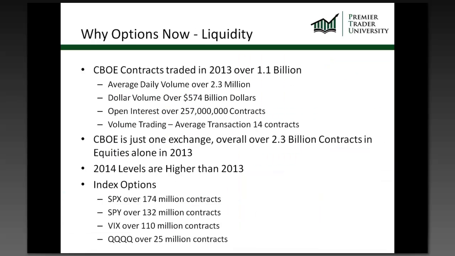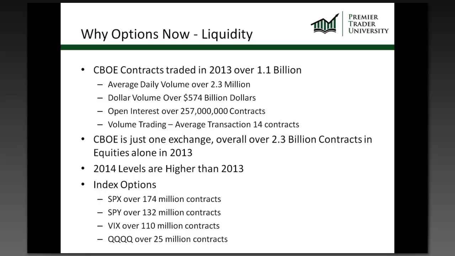One of the things we look for as traders in any market, whether we're trading futures, Forex, or in this case options, is liquidity, right? We want to know that we can get into and out of the markets very easily, without a lot of slippage and without a lot of cost, and options really do provide that. The number of contracts traded in 2013 was over 1.1 billion on the CBOE.